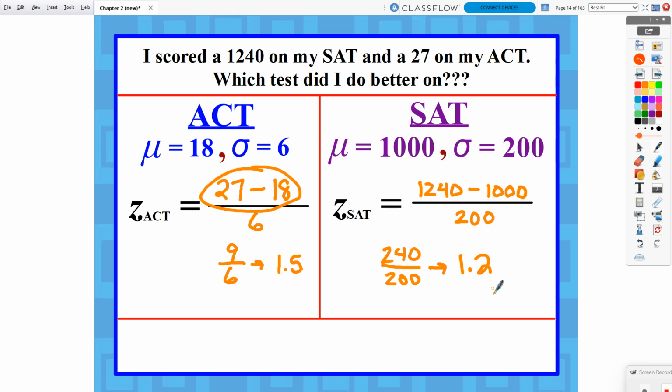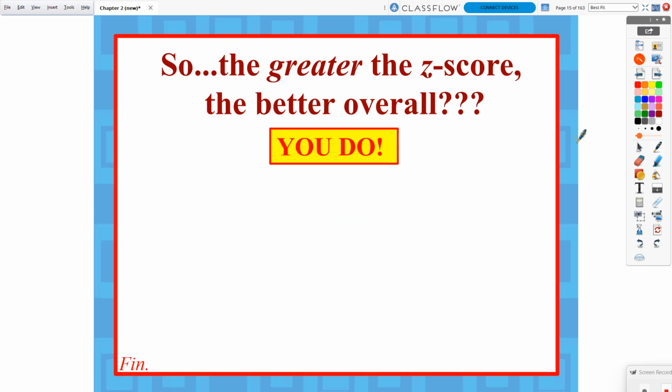So which test did I do better on? Technically, I did better on the ACT because I was more above average on the ACT than I was on the SAT. Now, does that mean the greater the z-score, the better overall? That's one thing I want you to think about, and we'll discuss it in class the next day.